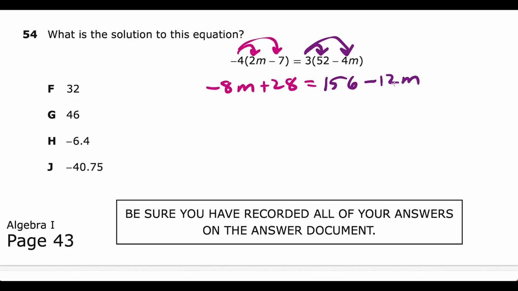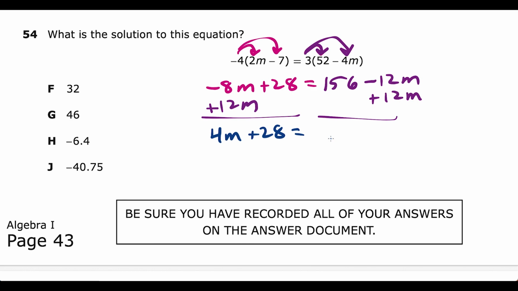So my goal here is to move the m terms to the left and the constants to the right. So I would start by going plus 12m on both sides. And now we simplify here, and we're going to have 12m minus 8m is 4m. We get our plus 28, and this is equal to 156. So now we could subtract 28 on both sides.